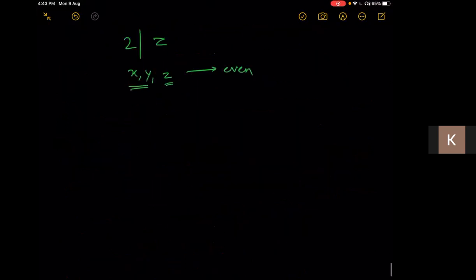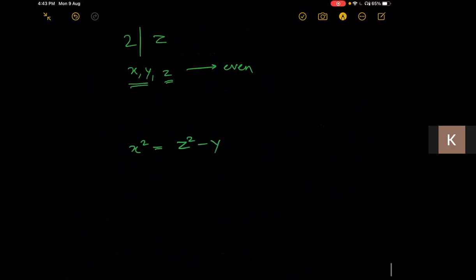Now x square equal to z square minus y square, equal to z minus y into z plus y. Okay. Now, are these two individually squares?